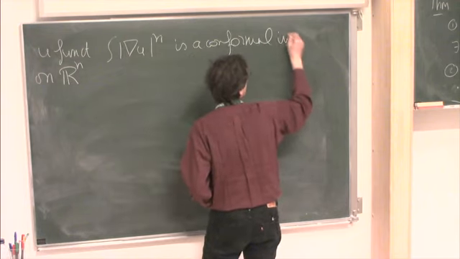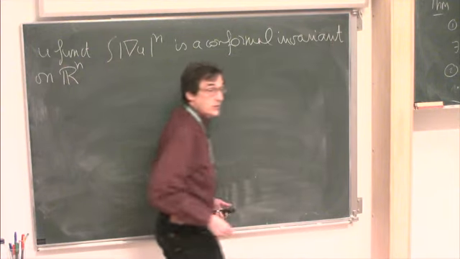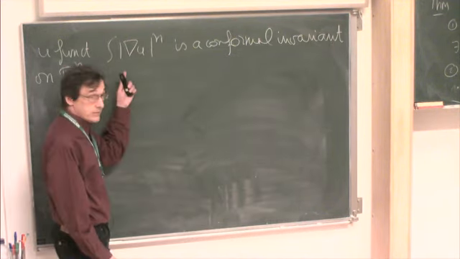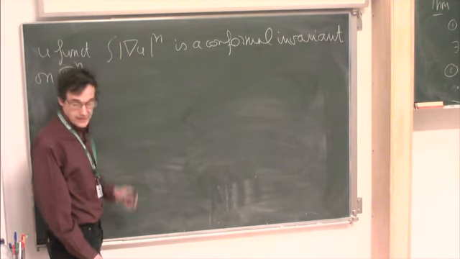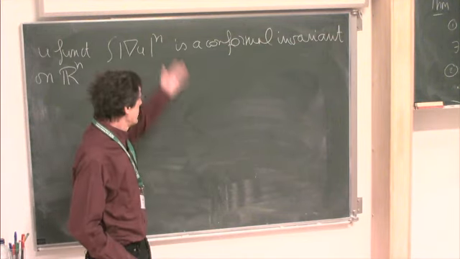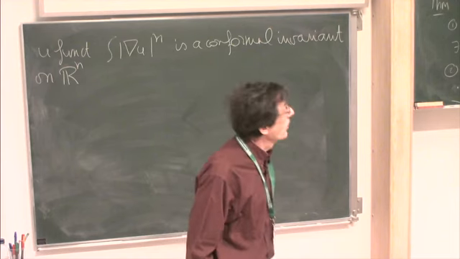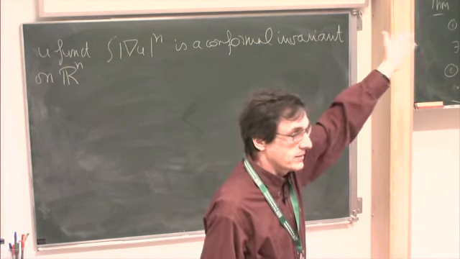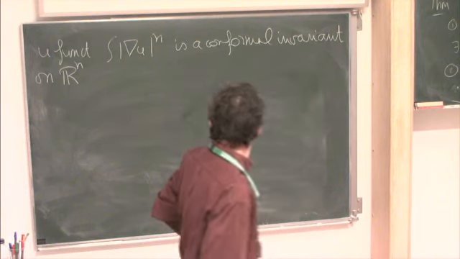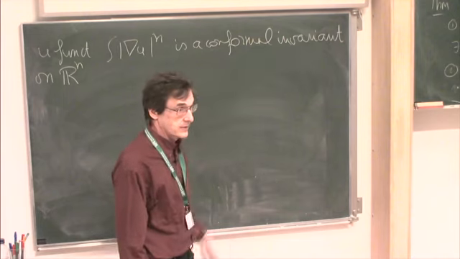If you change the metric on Rn conformally, infinitesimally, this doesn't change the integral. And so I want to use this trick for more general metric spaces. So I produce a metric substitute for this integral without any measure in it.